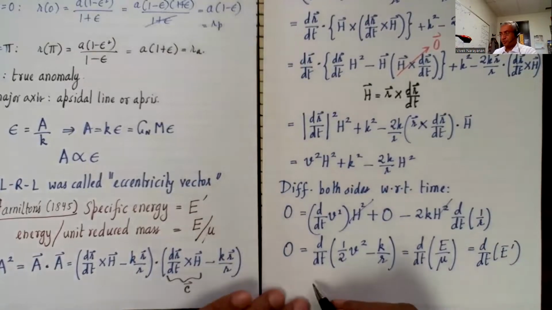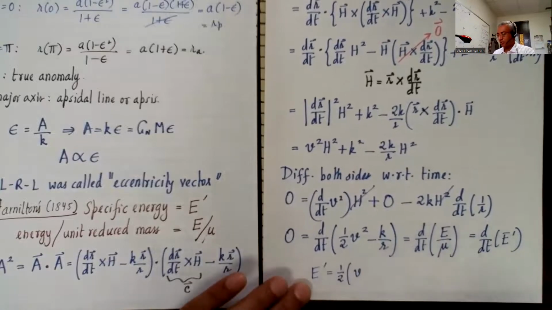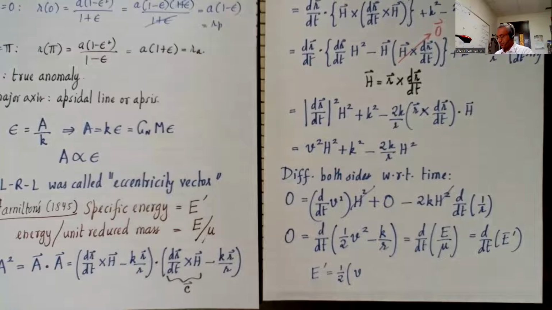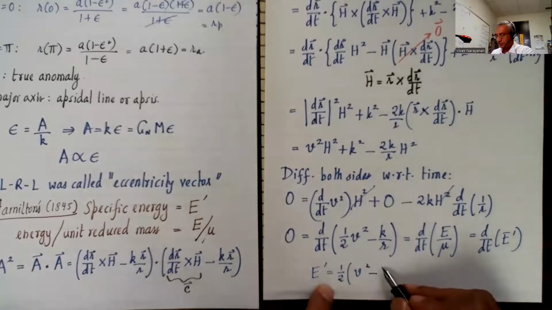So we have proved this beautiful result, E prime, which is 1/2 v squared minus k over r. I'll write this as 1/2 taken common between v squared, and then I'll write this as 2k over r.